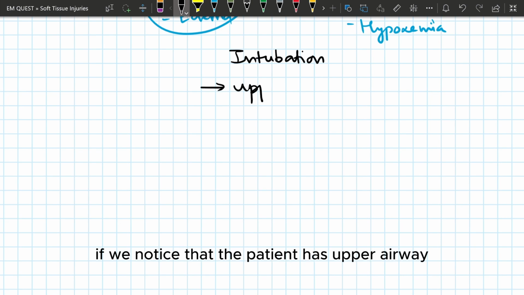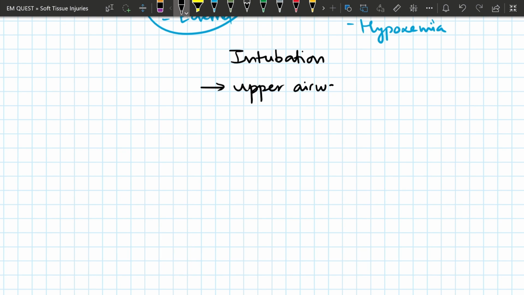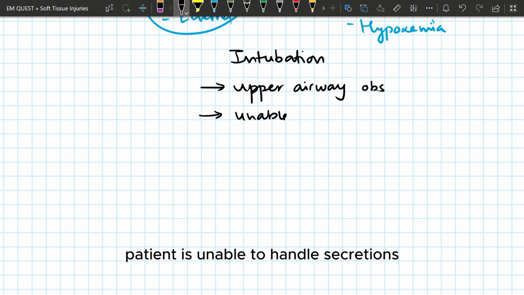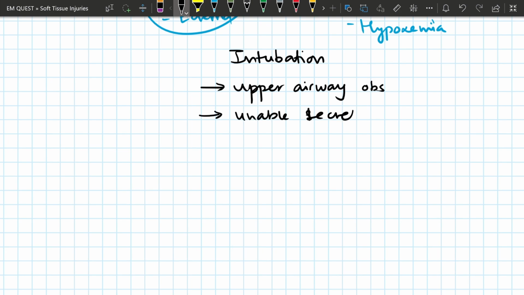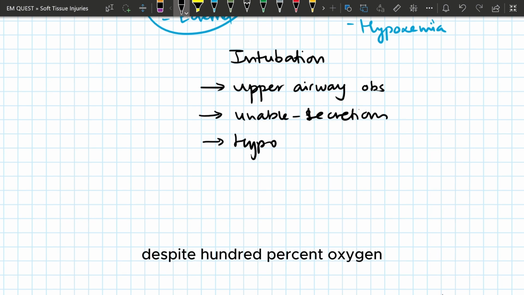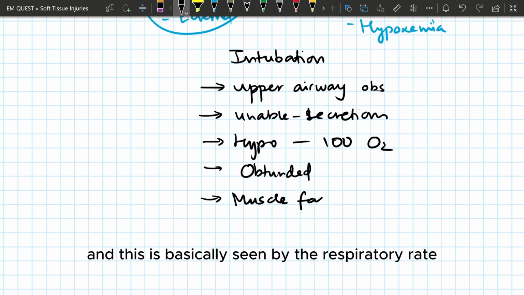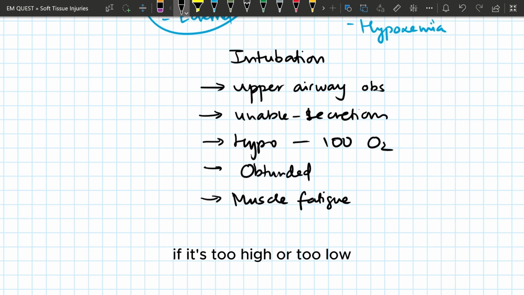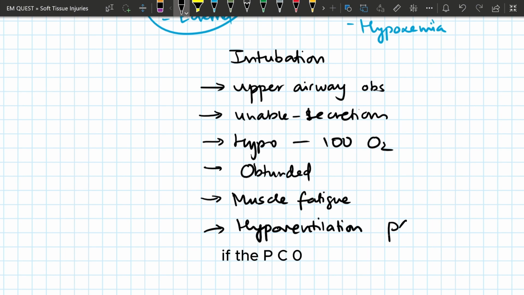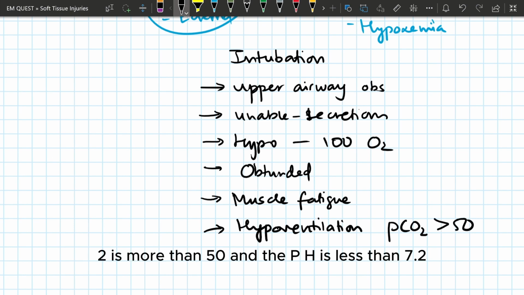If we notice that the patient has upper airway obstruction, patient is unable to handle secretions, hypoxemia despite 100% oxygen, if the patient is obtunded, muscle fatigue, and this is basically seen by the respiratory rate if it's too high or too low, and finally hypoventilation if the PCO2 is more than 50 and the pH is less than 7.2.